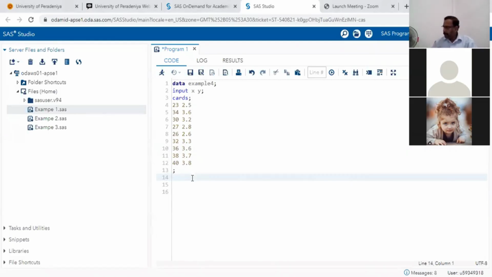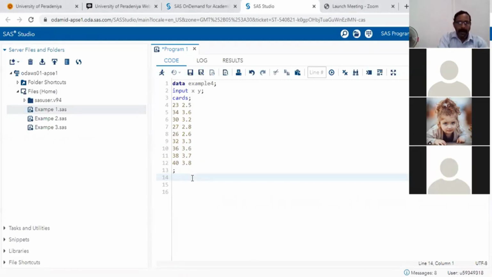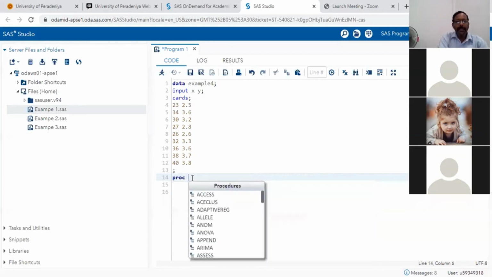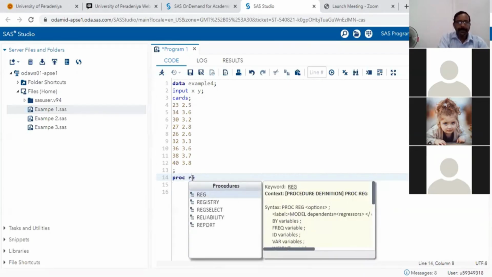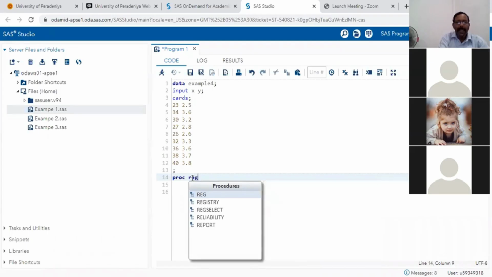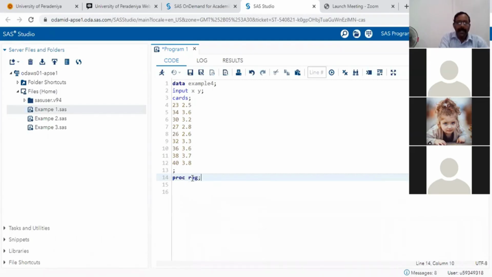Can you all hear me? Yes, sir. Right. Proc. This is the procedure for regression. We simply say REG. That is more than enough. We don't need to say proc regression.